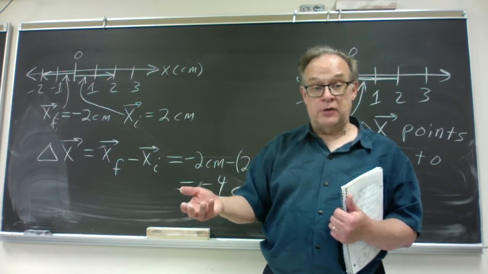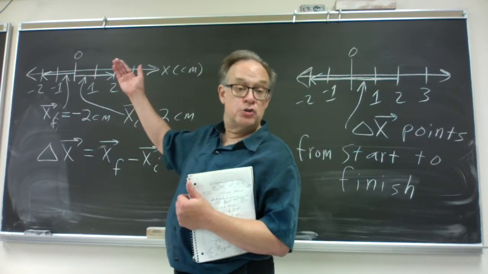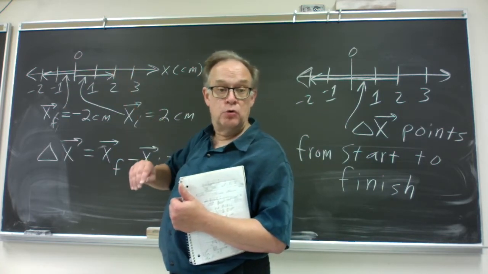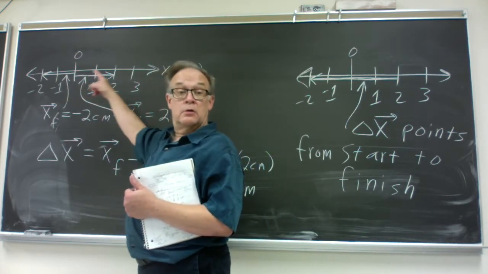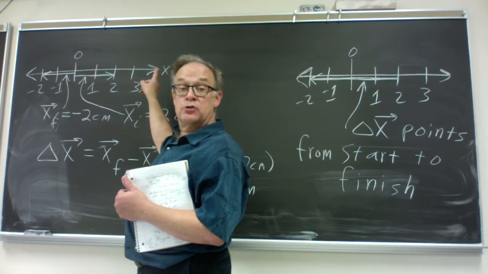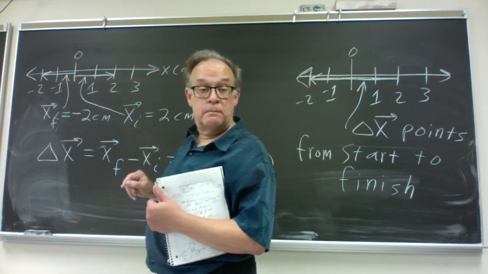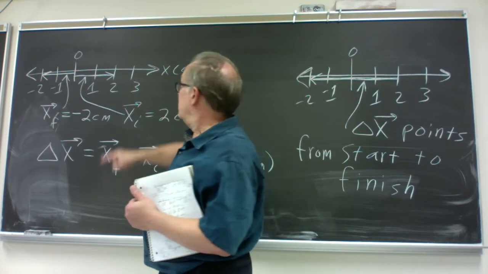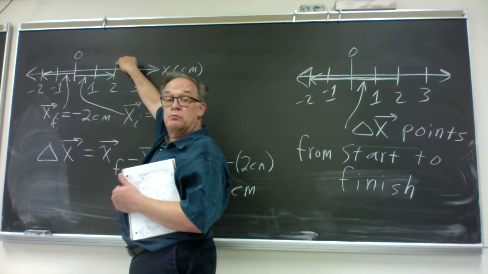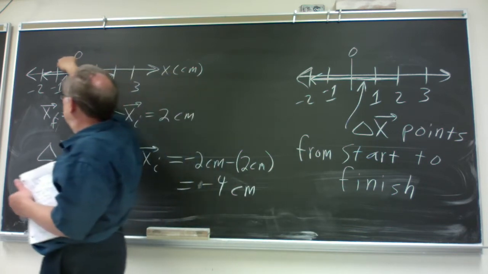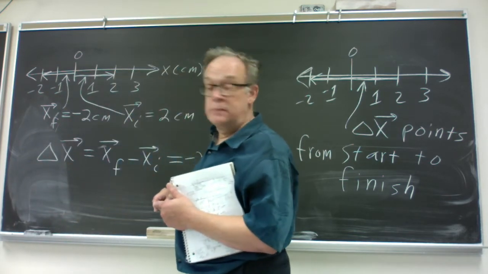Location is a vector. For example, let's think of one-dimensional motion, where, of course, you assign a number to each point along that line, along that one dimension, and we'll say that the movement starts here at the 2 centimeter mark and ends here at the -2 centimeter mark.